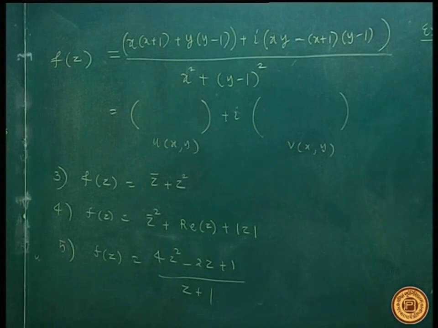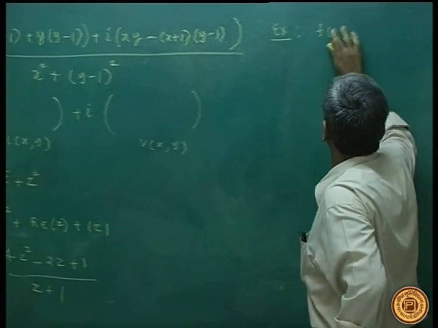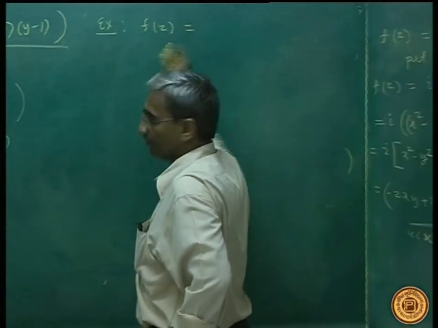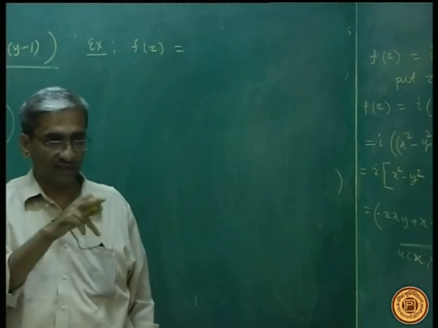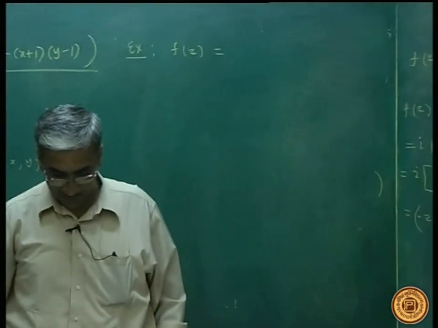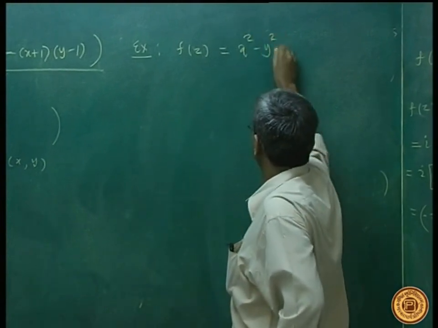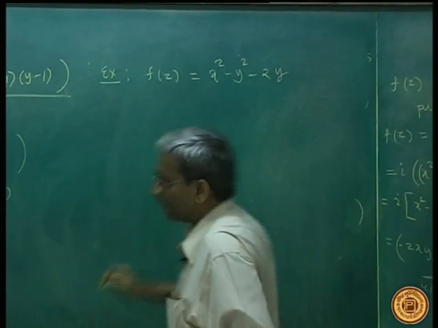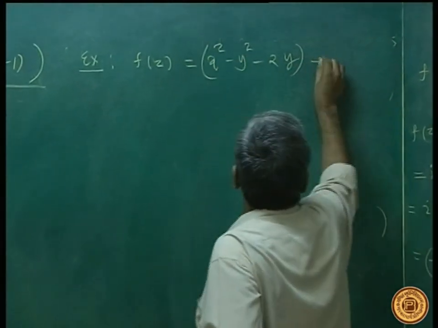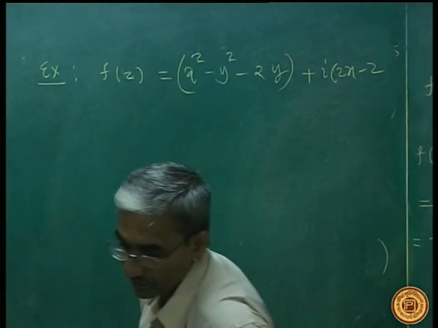So I am writing the second one. If f(z) equal to x square minus y square minus 2y, can you see the exercises? Exercise 2: x square minus y square minus 2y plus i times 2x minus 2xy.